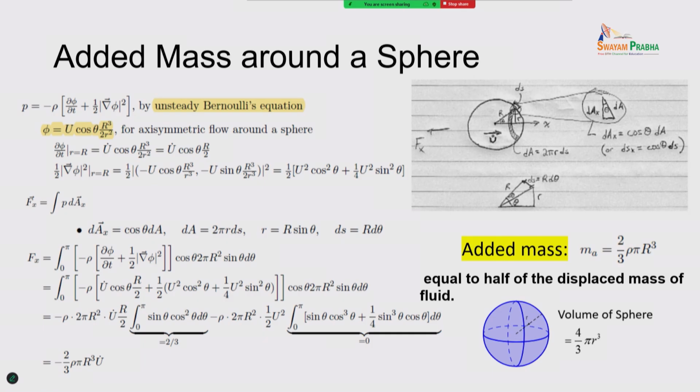In the cylinder, it is exactly the water volume, the same volume as the moving cylinder. Here it is half of the displaced mass of the fluid. You have this size of ball, you put it in the water, and you have accelerating motion. So the added mass effect is half of the water displaced by the ball. This also gives you a sense that the shape matters.